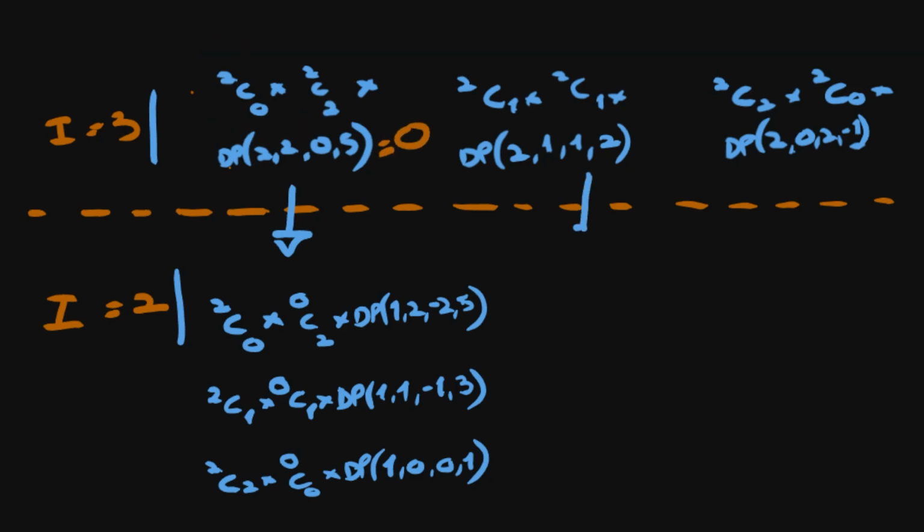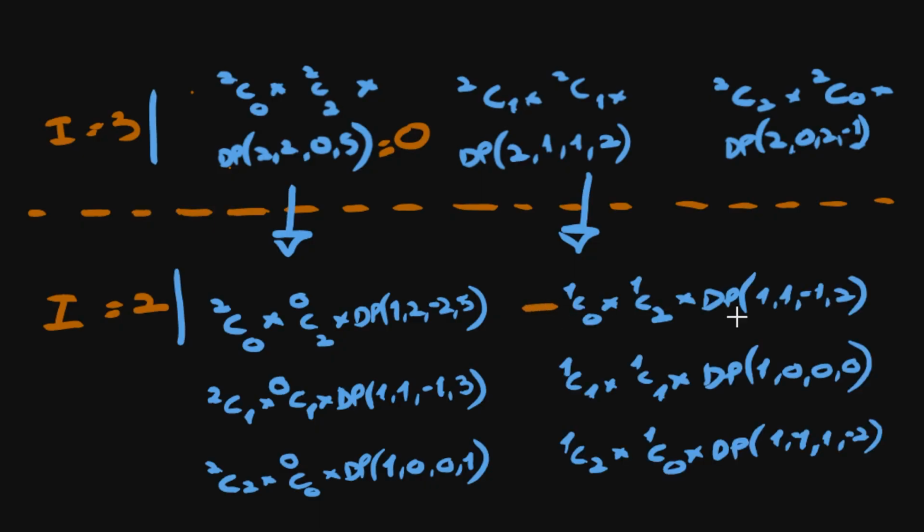Similarly, here we have 3 more scenarios, and here, for example, we know that 1 is not in the frequency map, and here we have -1, so this will return 0, so this is 0. Here, for example, we are trying to find 2 in 1, and this is 0, so all of this is 0. Now let's see what happens here. This will return a 1, because remember our base case.